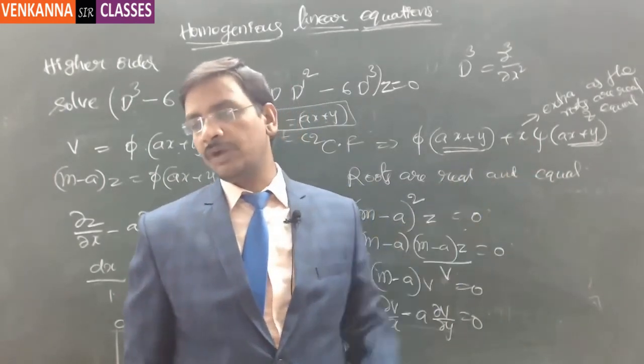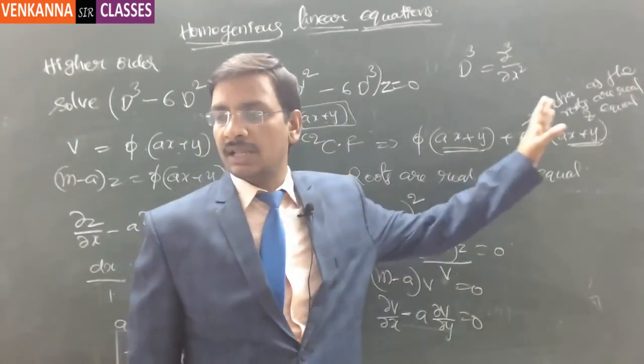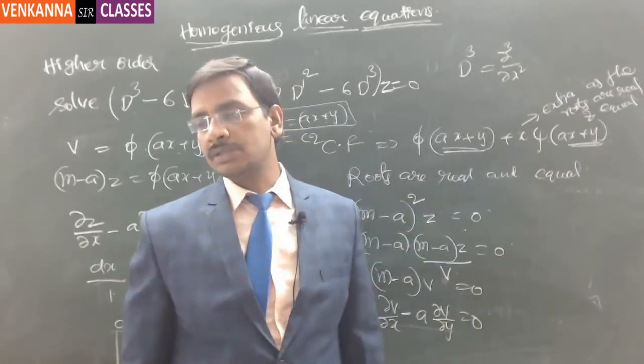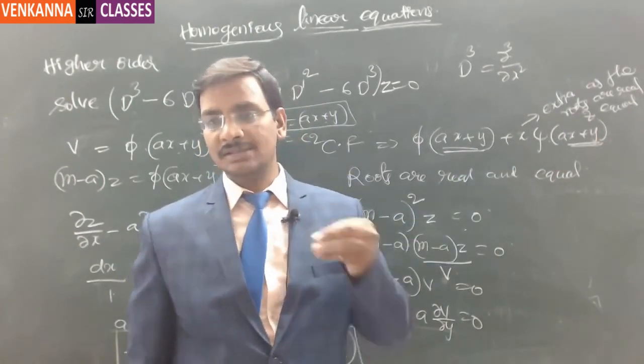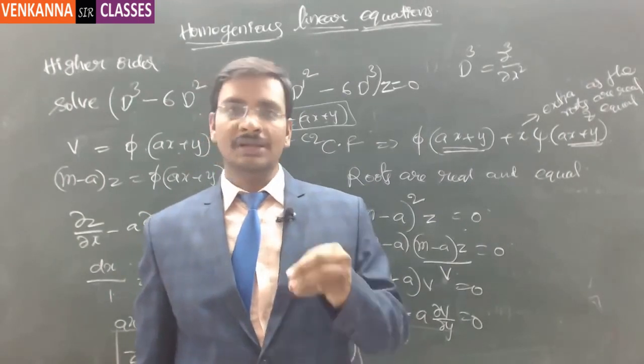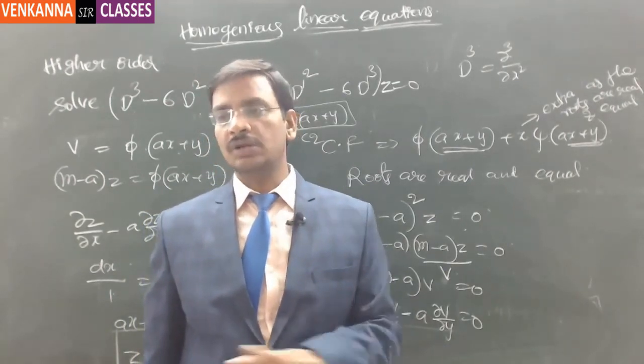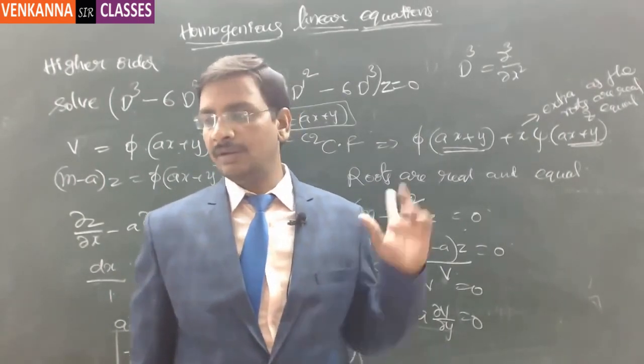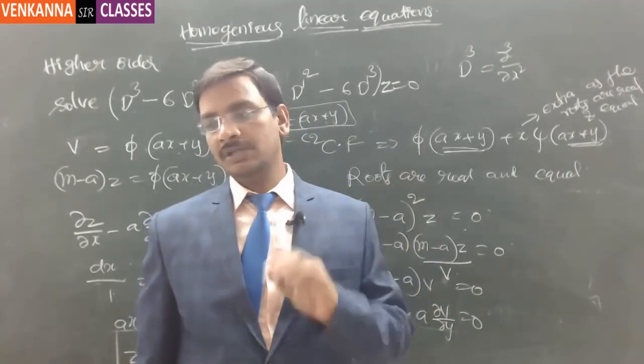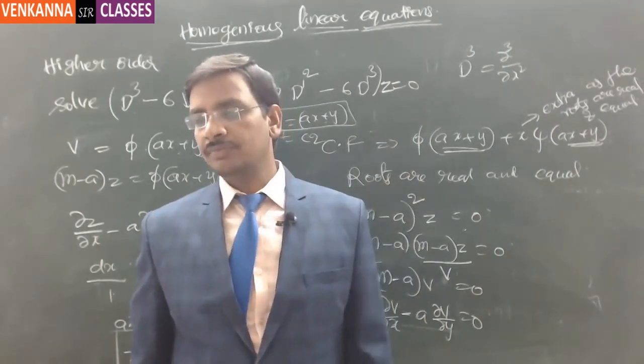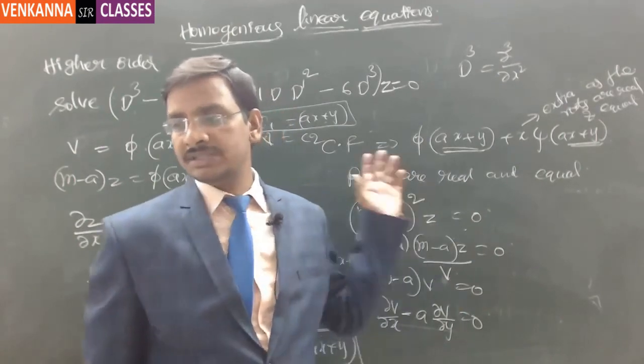Suppose there are three equal roots, then one with x, another with x square, and another arbitrary function is going to come in. This is exactly the same methodology that we adopted in ordinary differential equations. There is no difference between ODE and PDE in this particular case of homogeneous equations. Clear? Got it? So this is just, I proved it.